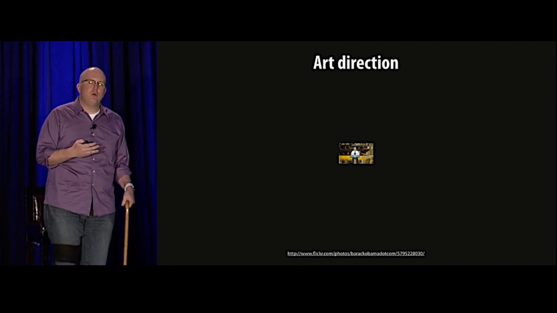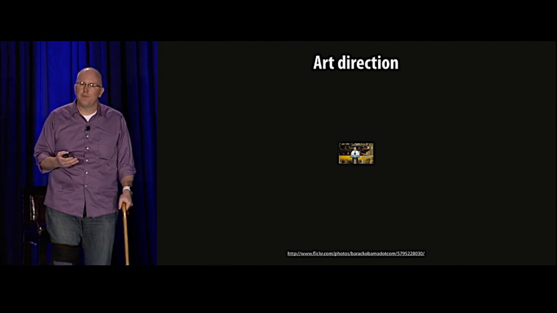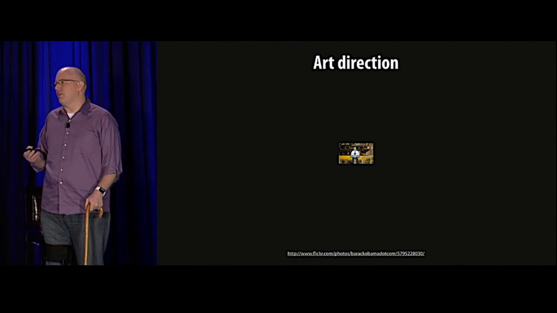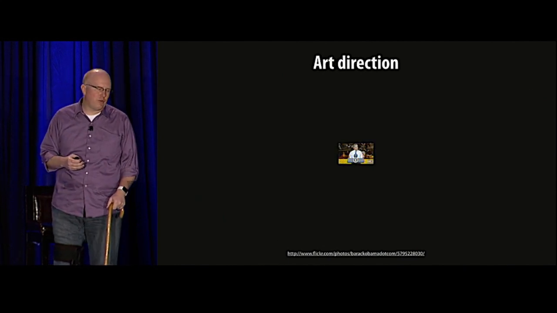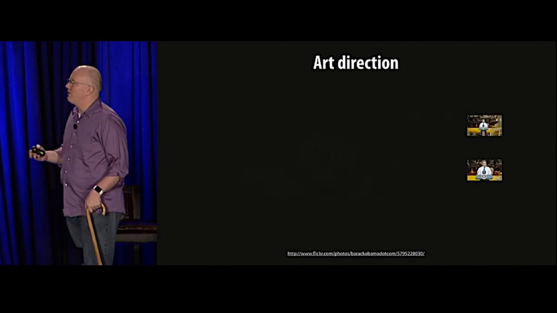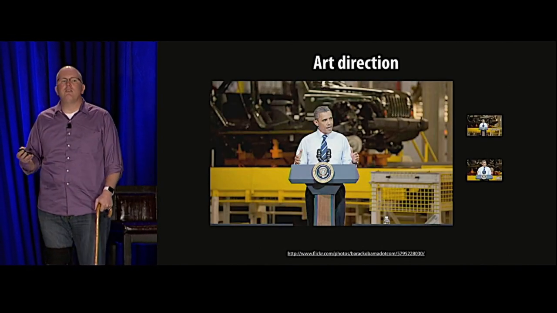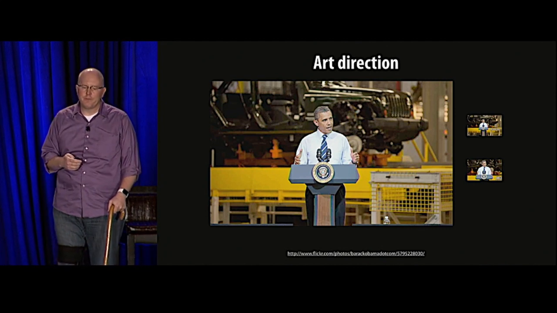It's hard to figure out who is speaking. We might be able to guess based on the fact that there's somebody at a podium and there looks like there's an official seal. But we can't make out that it's President Obama. We'd be much better off if we actually cropped the image closer so that we could make out his features. Now, this is just one example of art direction, making some changes in cropping based on the size of the image in the page.